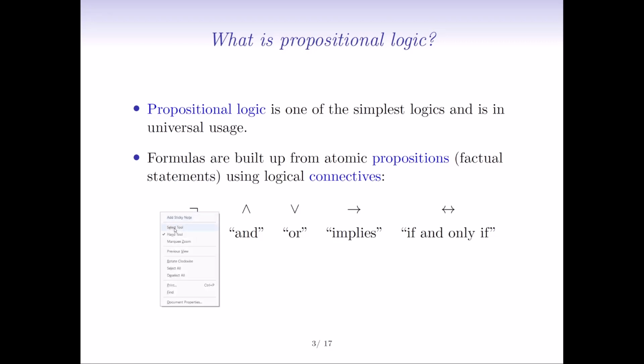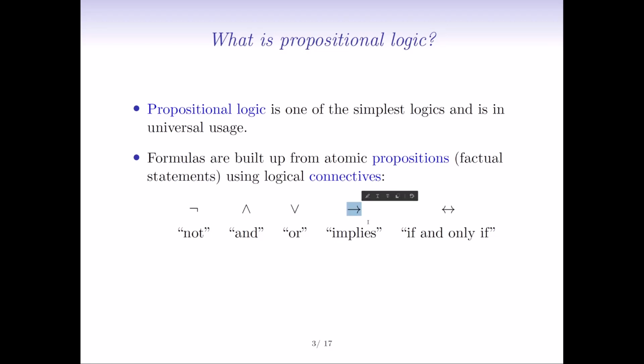So we have this symbol here, which stands for not, sometimes called negation. This wedge stands for and, sometimes called conjunction. The V here stands for or, and is sometimes called disjunction.